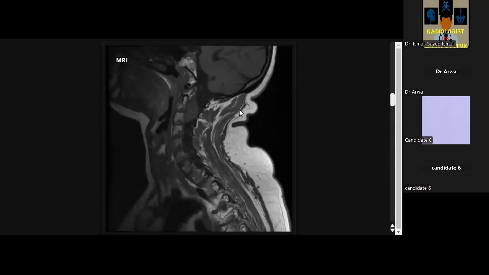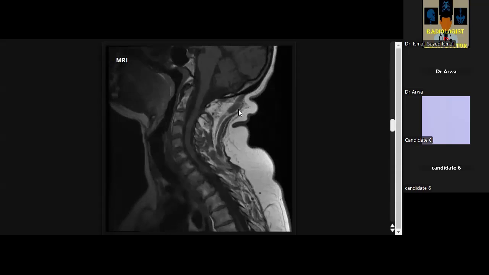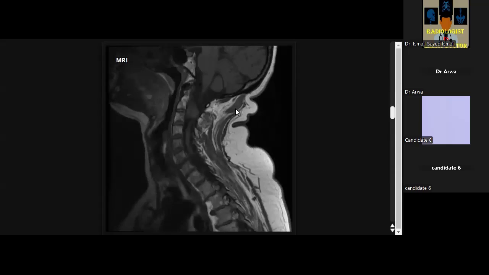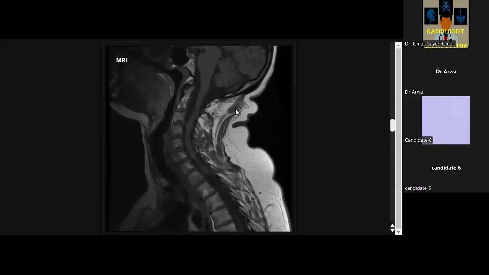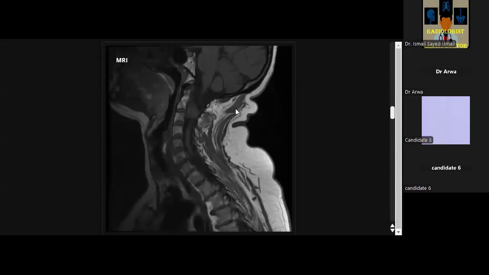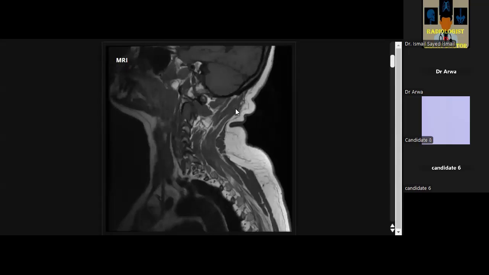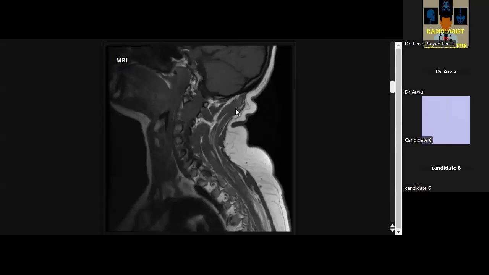Okay. I can see there is a T1 hypointense, slightly lobulated lesion located in the intradural extramedullary location opposite C2 and C3 vertebral body levels. It is also extending into the foramen magnum. Into foramen magnum only?